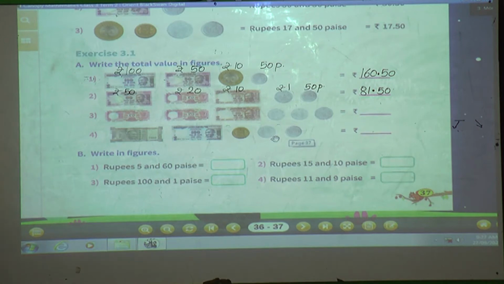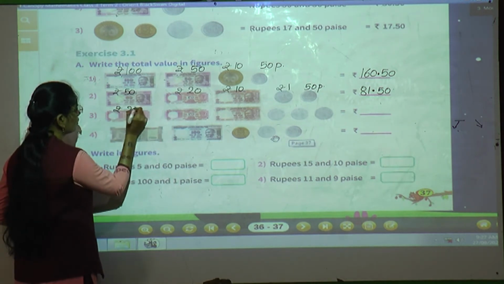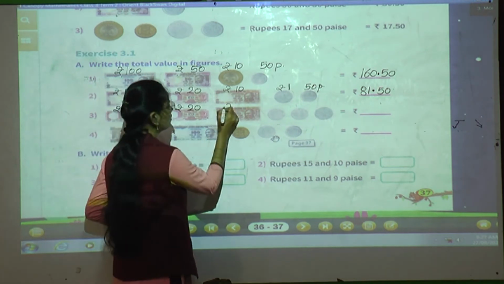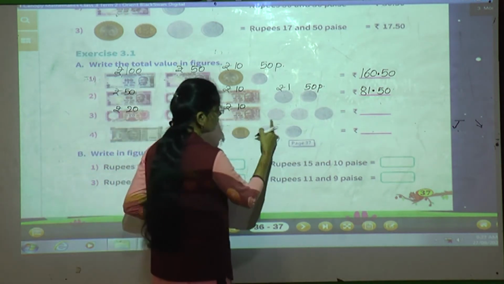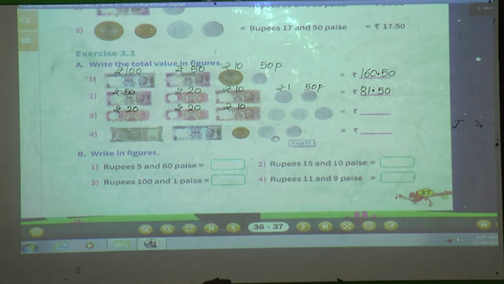Next, third one. See the notes and coins. This is 20. Again here 20 rupees note. 20 plus 20. Then here 10 rupees note. Then see the coins. Yes, which coins are there? 2, 2 and 1.